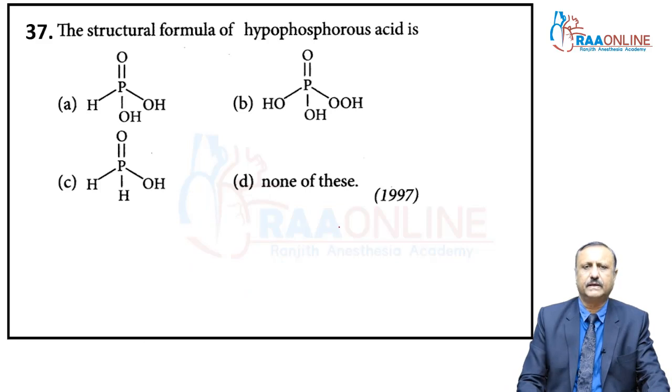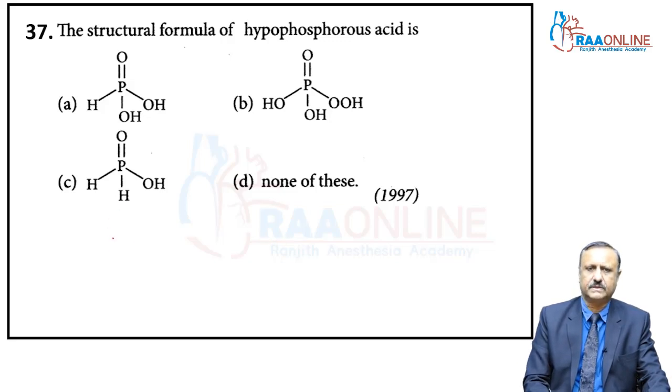Now my dear friends, we can see the structural formula of hypophosphorus acid. We can make it in question number 35, 36. So you can easily know this is the structure.